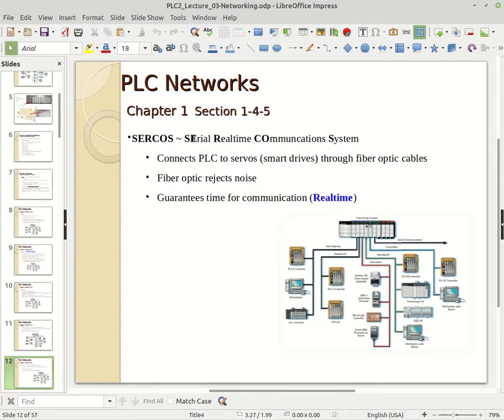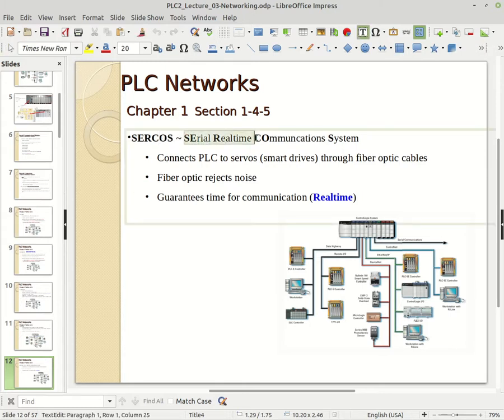SERCOS stands for Serial Real-Time Communications System, and this has it built right into the name, real time. So SERCOS, as you can see, is guaranteed to provide that information.